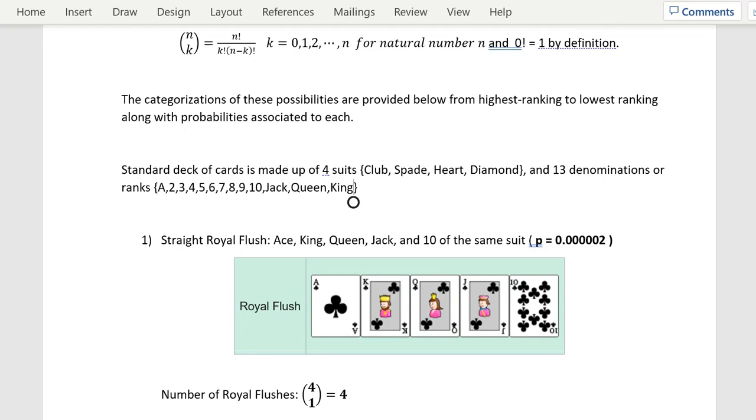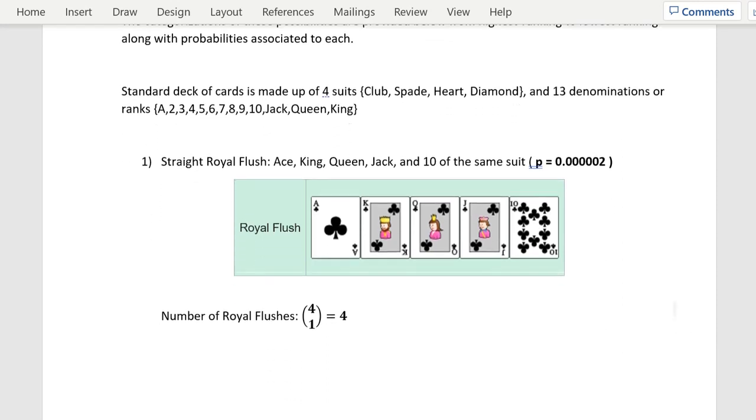The 4 here is because there are 4 suits. In this illustration, you're looking at the royal flush where I chose clubs as my suit. So it could be any one of the 4 suits: clubs, diamonds, spades, or hearts. Okay, so there you have it. There's 4 of them. So this one's pretty easy.